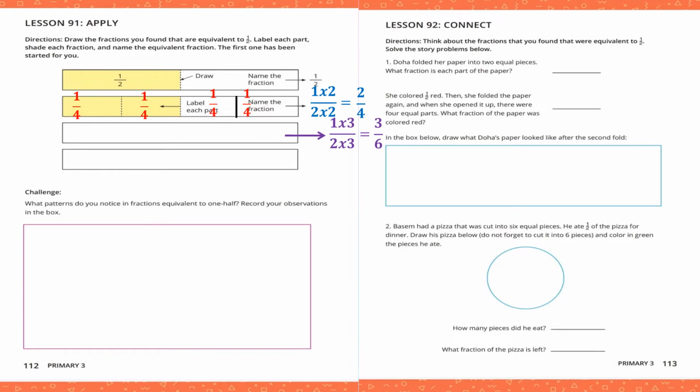I will make 5 dashes. 1, 2, 3, 4, 5. I have here 6 equal parts. 1, 2, 3, 4, 5, 6. And each part is called 1/6 or 1 over 6.